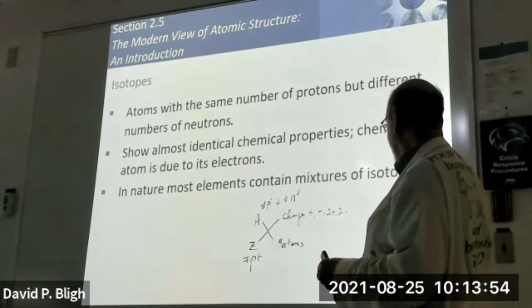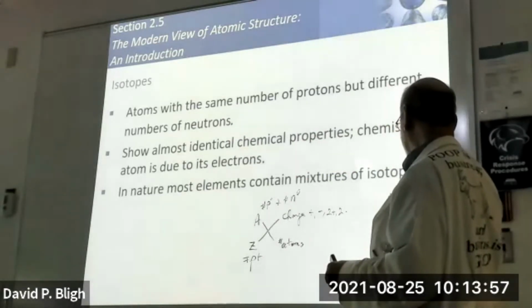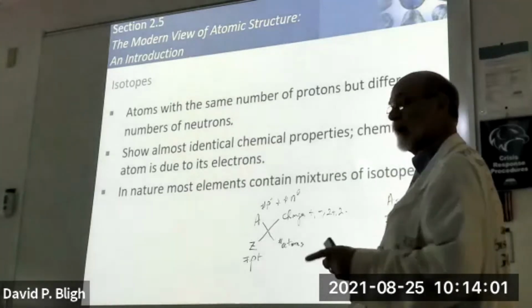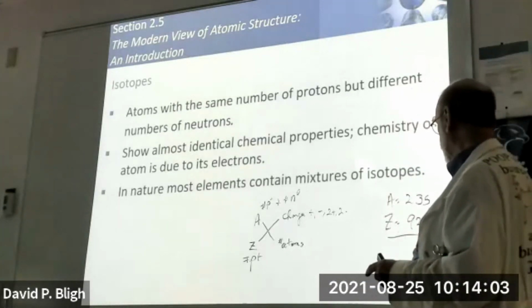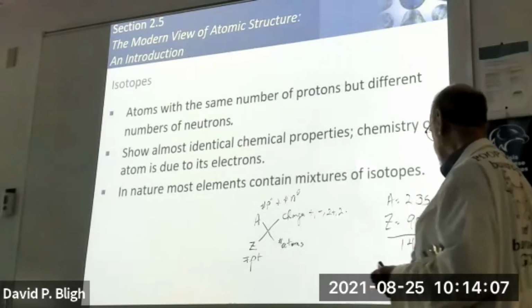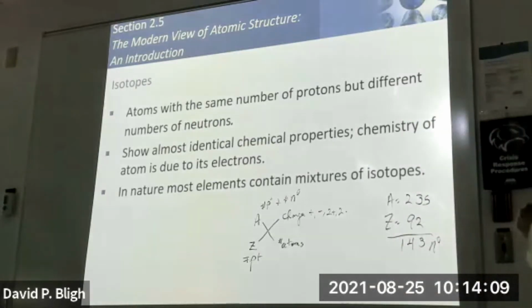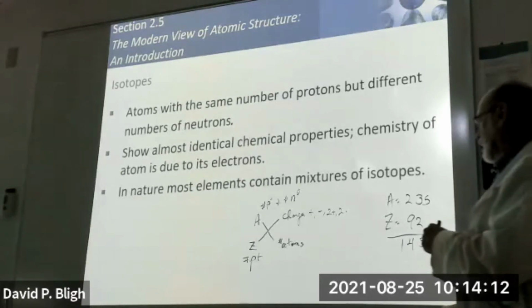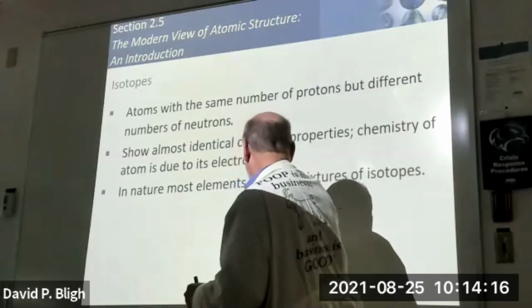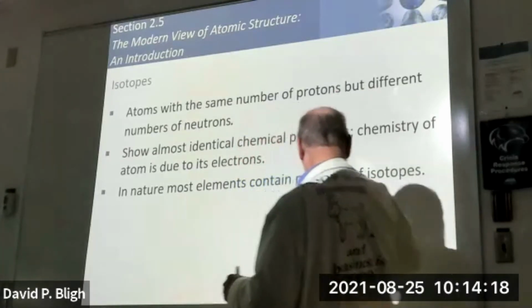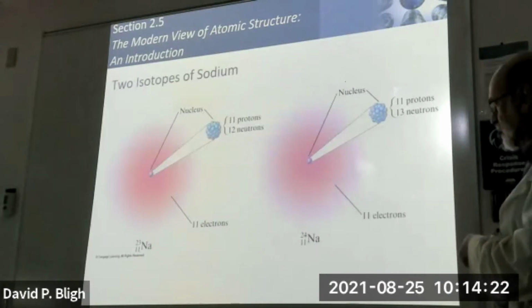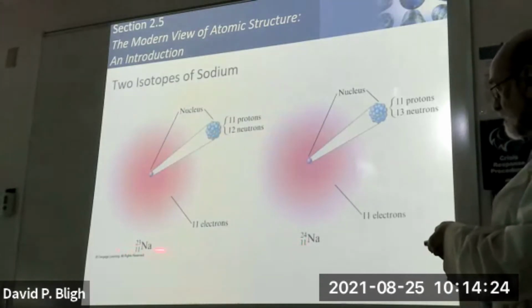So if A equals 235 and Z equals 92 for uranium, then the number of neutrons is simply the difference of those. Okay. All right, so now we can go to the next slide on isotopes. The way they write the isotopes will have more meaning. So we have 11 protons for sodium, right?